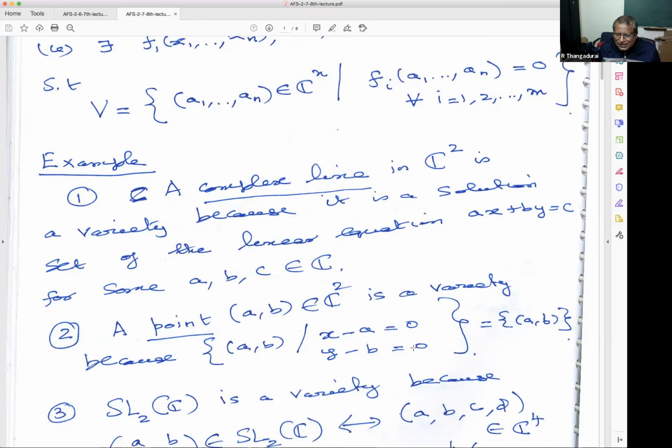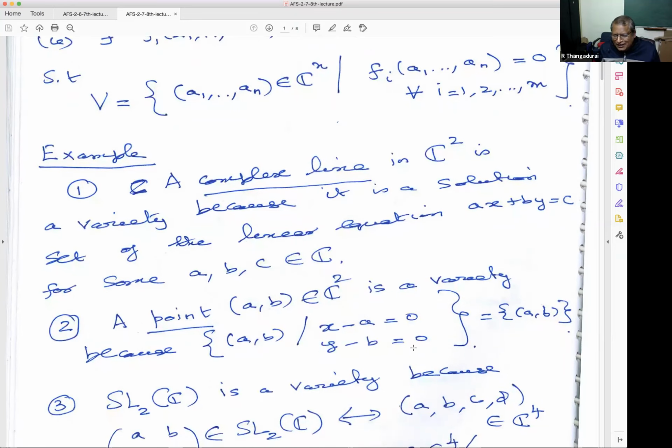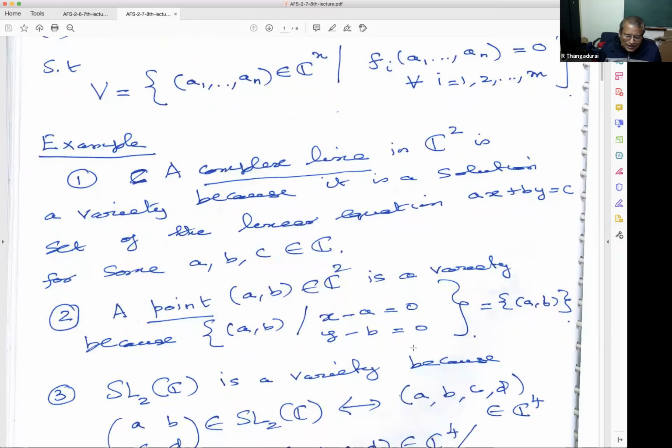Once I have this, can we think of SL2C as an algebraic variety? It's a single equation in 4 variables x1, x2, x3, x4.